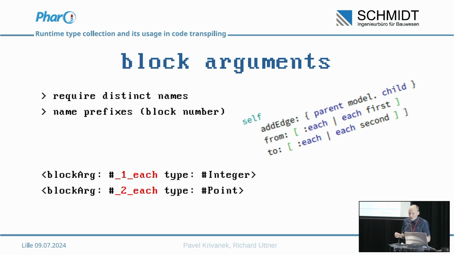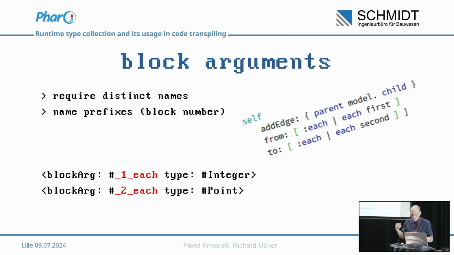For block arguments, there is a problem that you can use the same block argument name for different blocks. The best way to avoid this is to modify your methods to avoid it completely.